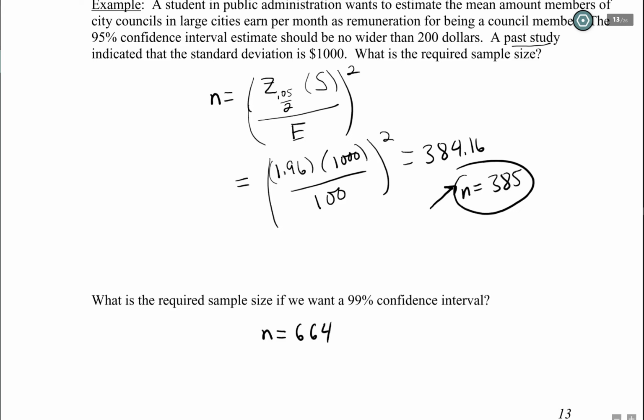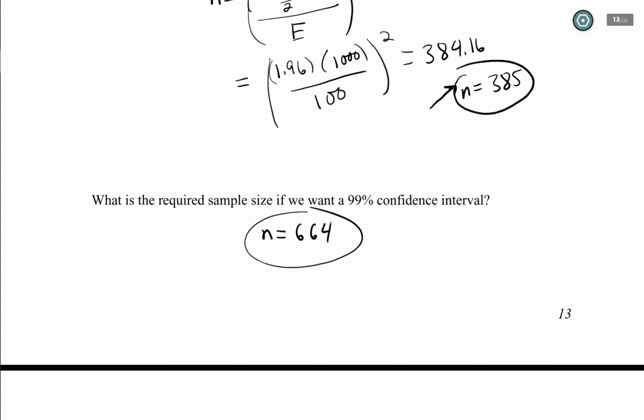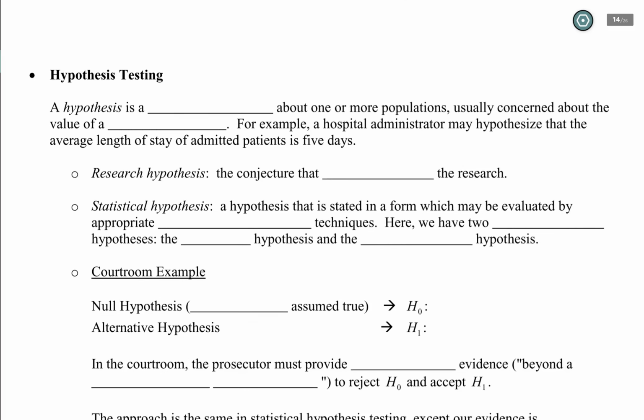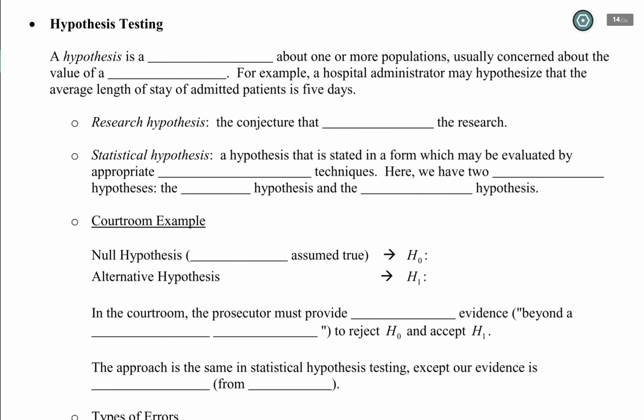You can work through that, but to get just 4% more in your confidence, you've got to get a lot more data points, almost twice as many. So sometimes it's not worth it to get that much data if the data collection scheme is expensive. All right, so that wraps up sample size determination for a population mean in terms of interval estimation. This next section is hypothesis testing, and we'll see that in the next video.